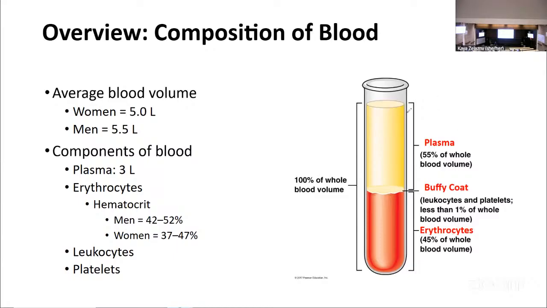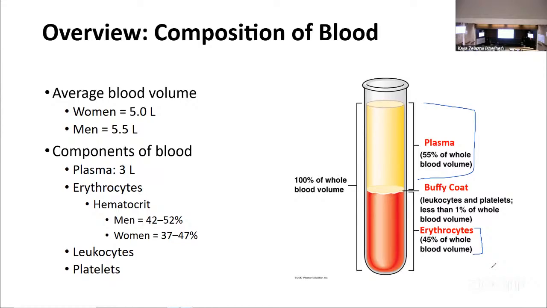But we would expect these percentages to say vaguely the same, right? So proportionally, you're going to expect there to be more plasma, right? And in this case, in our textbook, we have plasma as 55% of our blood volume. We're going to expect the next largest component to be our red blood cells, so these erythrocytes.